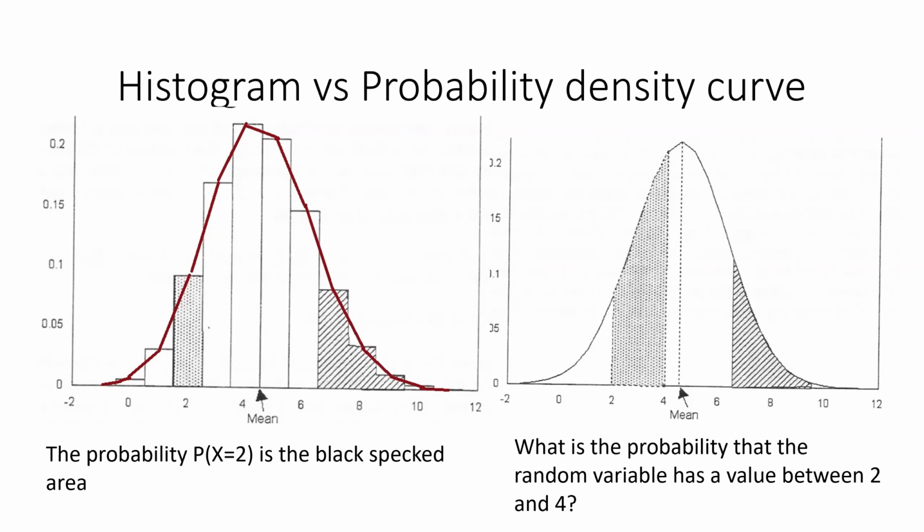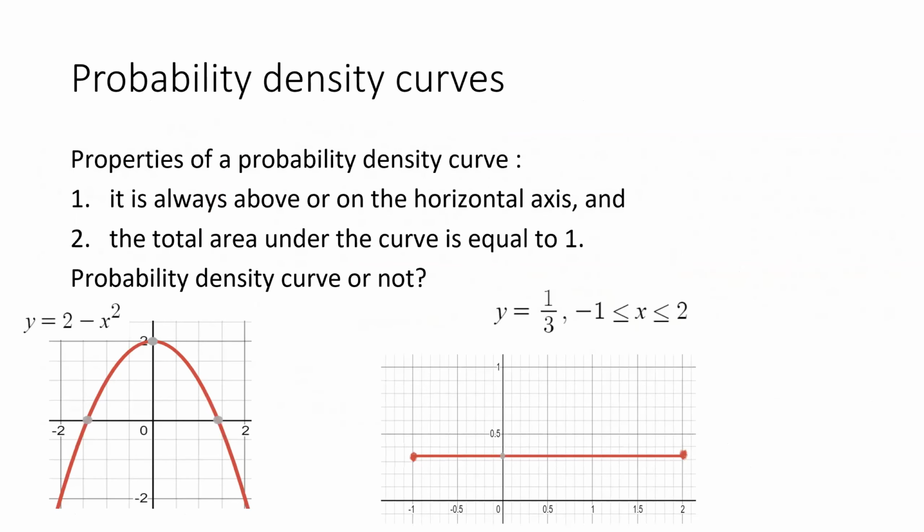So let's take a look at the properties of probability density curves. Property number one: it is always above or on the horizontal axis. So it's never going to go into negative values, because remember, this curve represents probabilities, and probabilities are always values between 0 and 1. So they're never negative values.